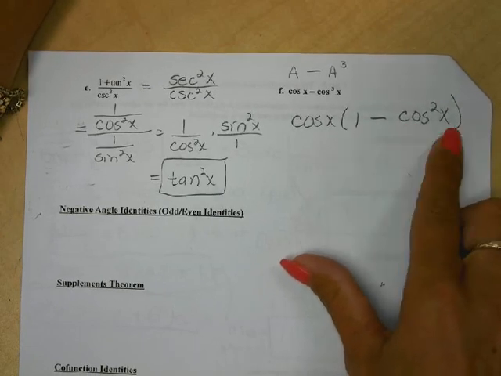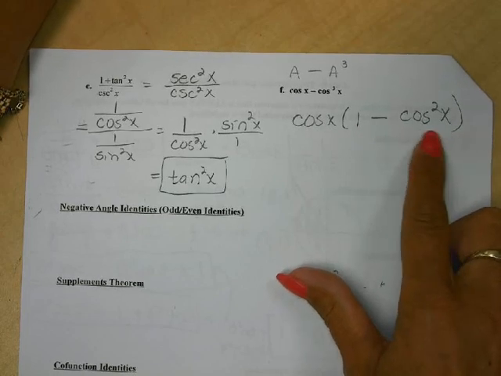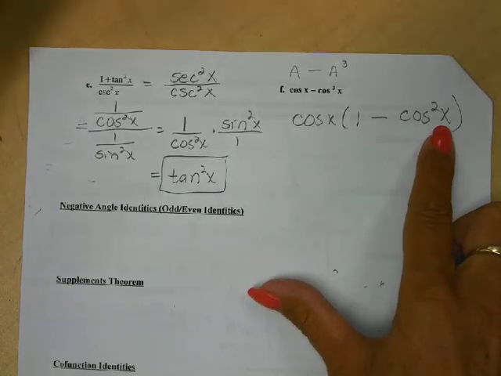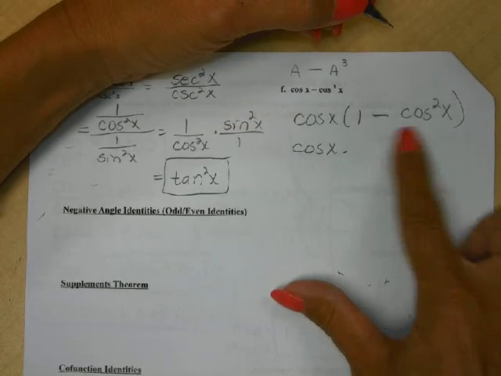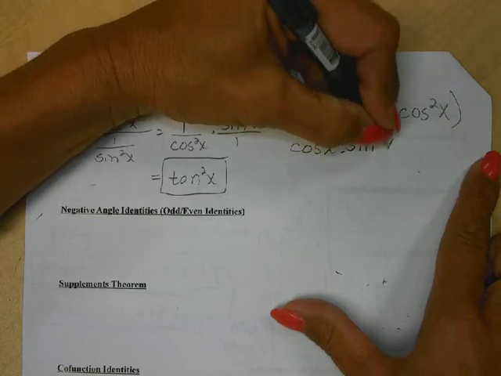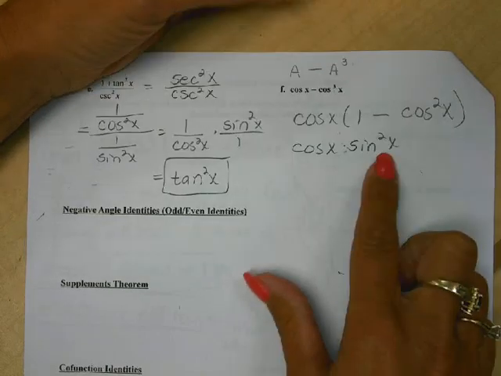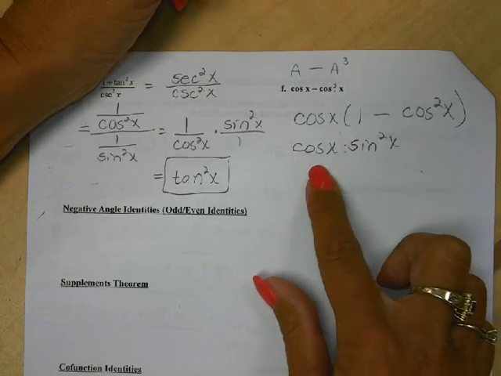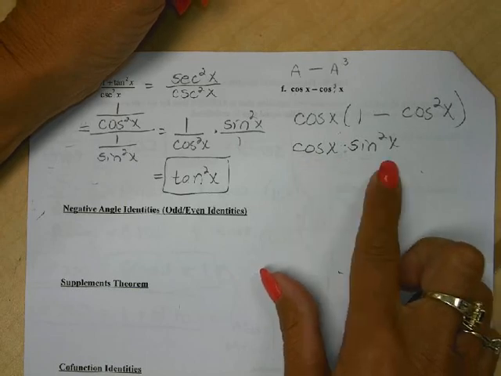And then when I do, I have 1 minus cosine squared of x left. Now, I see 1 minus cosine squared of x, and anytime I see a square, I'm always thinking of a possible Pythagorean substitution, and I definitely have a Pythagorean substitution I can make here. The cosine of x just comes down. This is equivalent to sine squared of x.